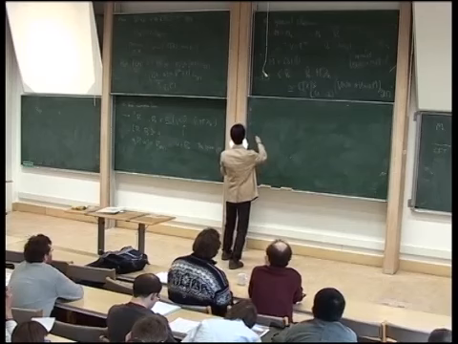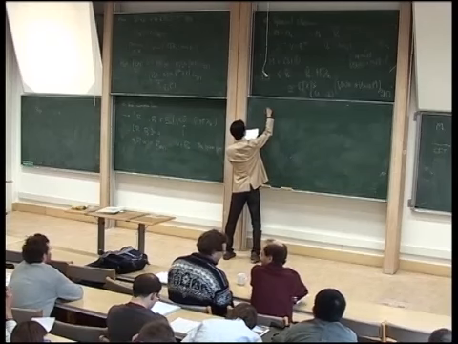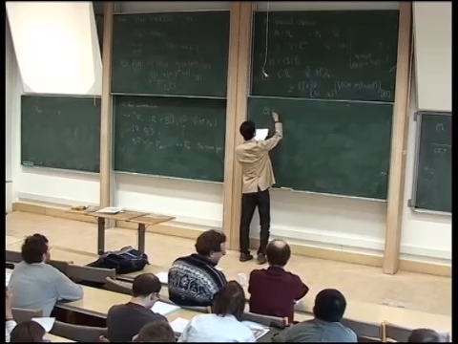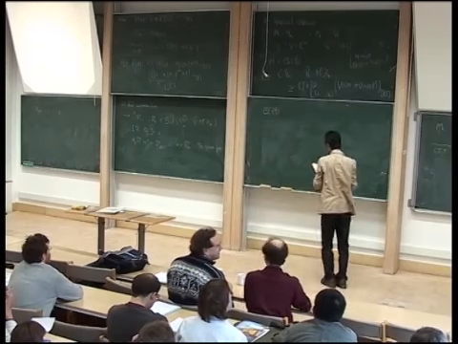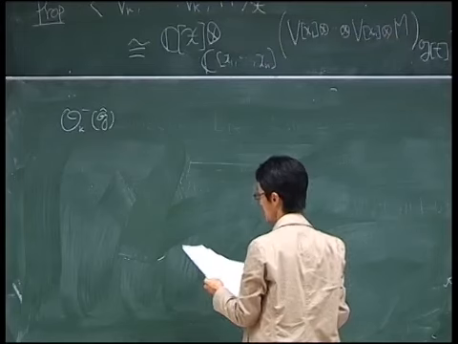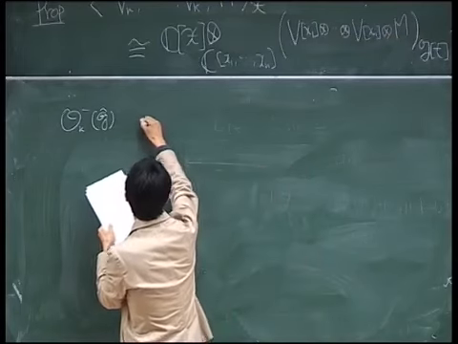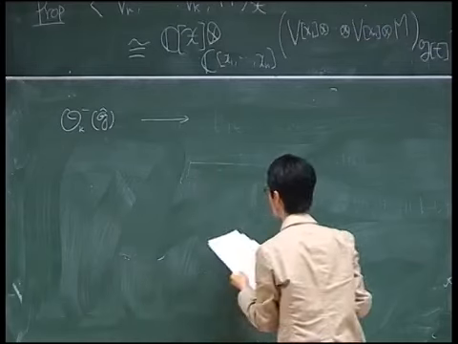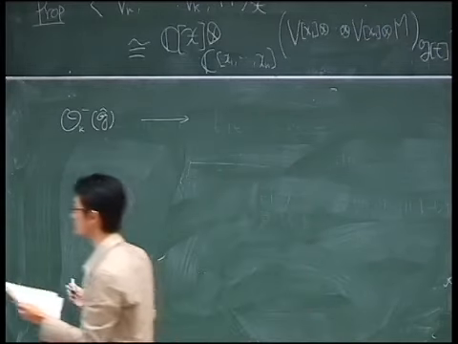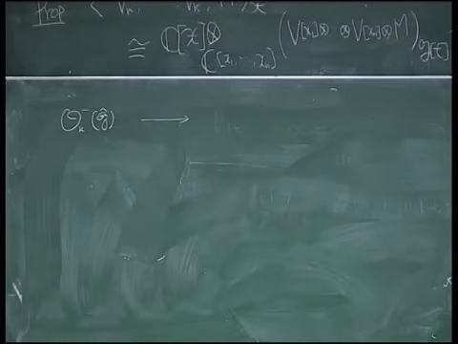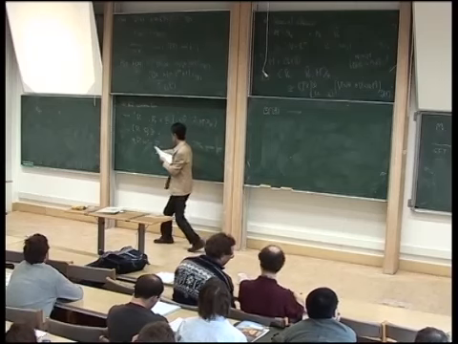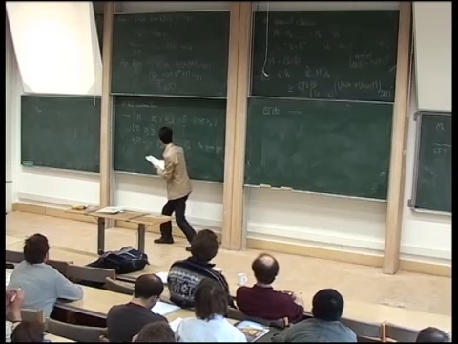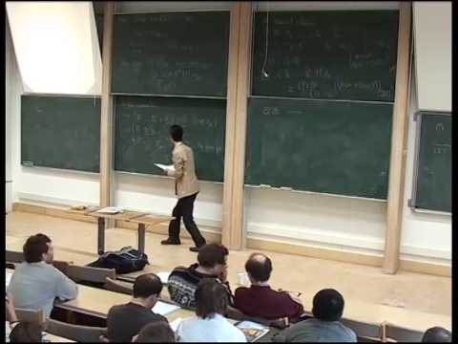Okay, so starting from some representation of g hat, we constructed a vector bundle. It's here, and also with a connection, and the connection is Sn equivariant.